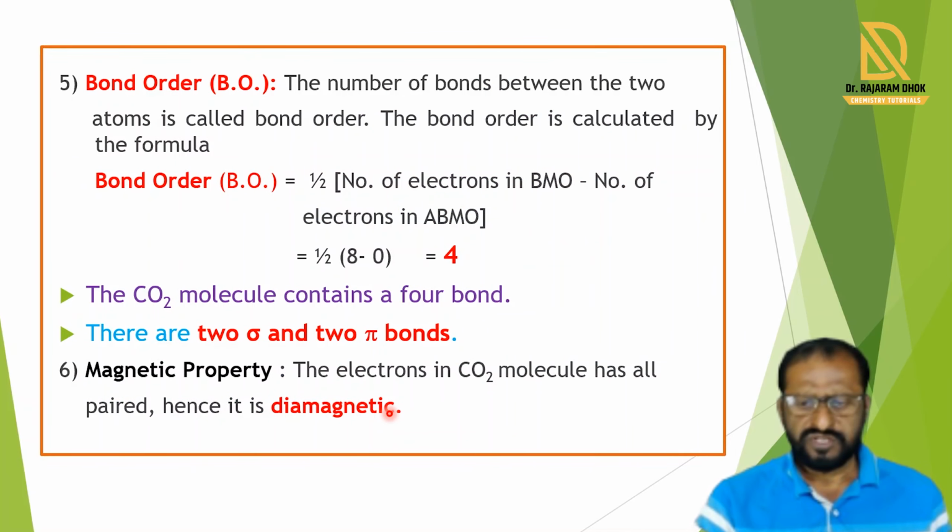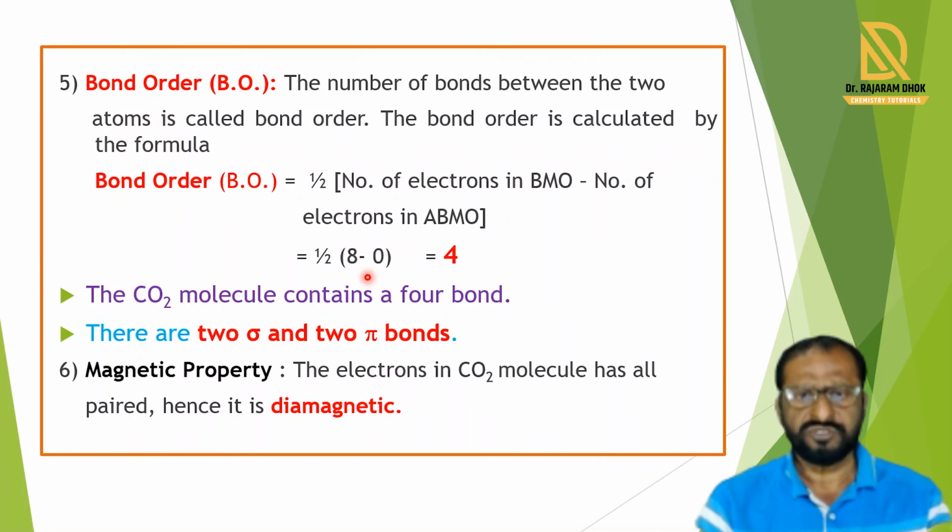Now bond order in CO2 molecule. The number of bonds between the two atoms is called bond order. So in CO2 molecule, we can calculate the bond order, and for that we use the formula: number of electrons in bonding molecular orbitals minus number of electrons in antibonding molecular orbitals divided by 2. So in bonding molecular orbitals 8 electrons are present, minus 0 electrons from antibonding.